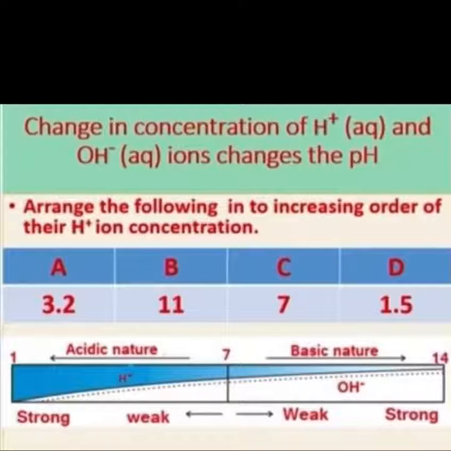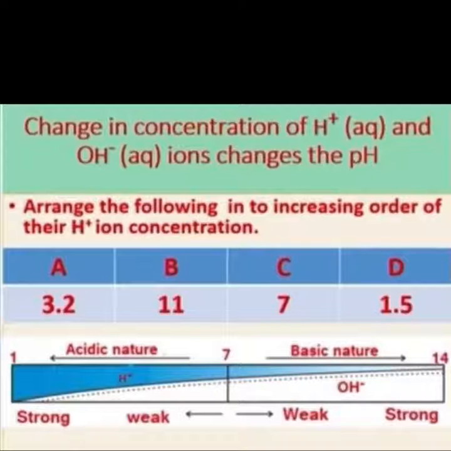Then comes solution C. Right? Yes. Solution C. The value is 7. Then comes solution B because the value is 11. pH value is more. So we can say that it is less acidic.